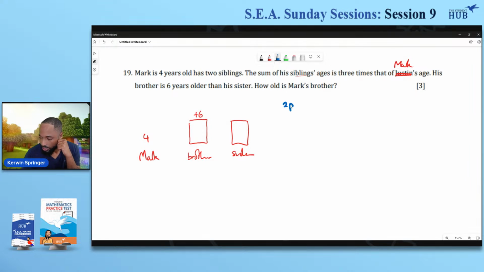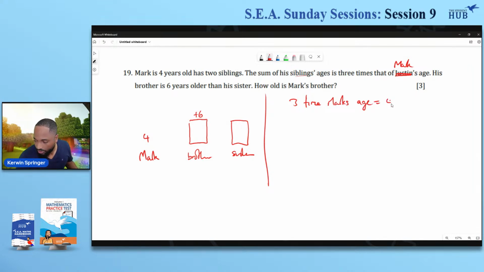We can say the 2 parts plus the excess. So let me remove that excess. How much is 3 times Mark's age? As the total, they try to put the total in this, guys. So 3 times Mark's age is 4 times 3 is 12.